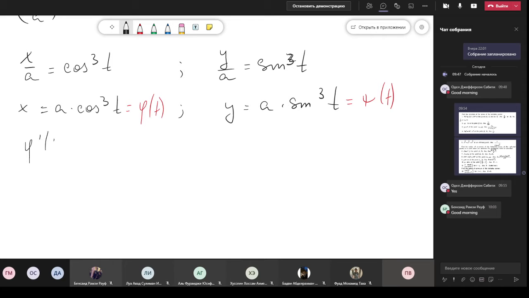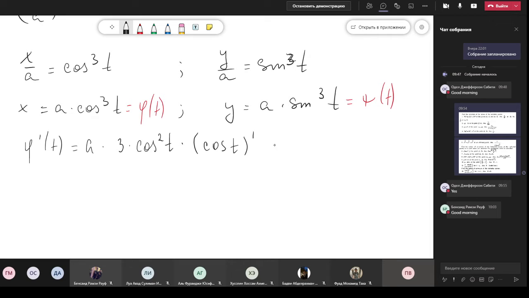Phi prime of t: a is constant. Then here we have cosine cubed. It means the derivative of a function with degree 3 equals 3 times the function with degree 2, and we must multiply by the derivative of our argument.